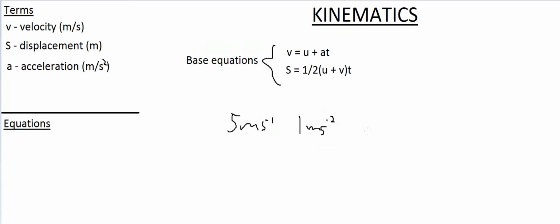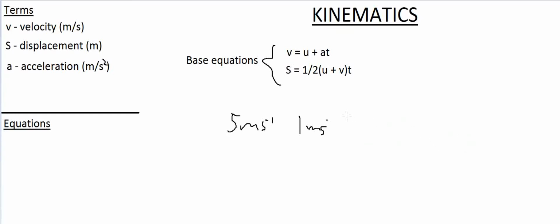So 1 second later his velocity will be 6 meters per second. 2 seconds later is 7 meters per second. 3 seconds is 8, 4 seconds is 9, and so on.